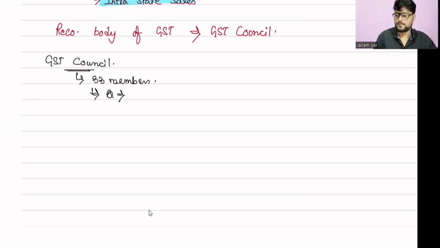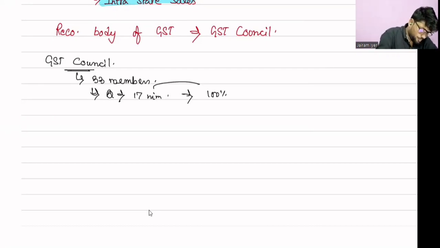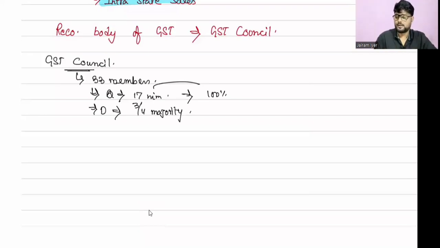Minimum 17. 17 minimum is needed, correct? So right now, whatever meeting is going on, this 17 is the 100% of it, correct? And to pass a decision, how much vote is required? 3/4 majority, correct?